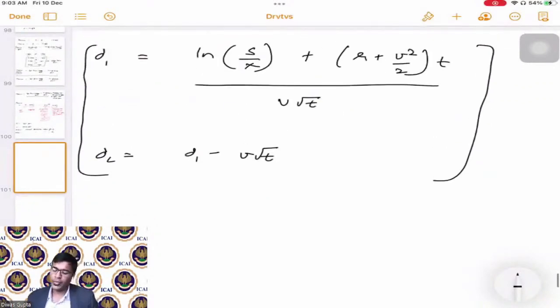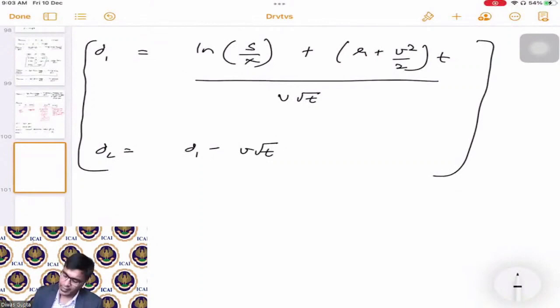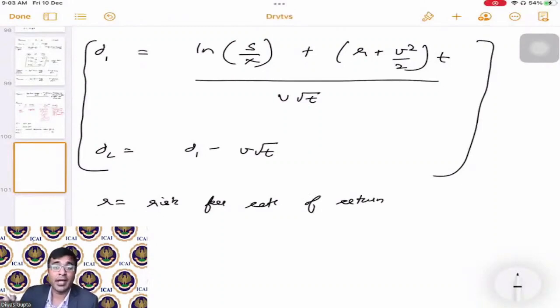What we have to do here is now we have to see what all are these things. R is equal to risk-free rate of return. I can tell you one thing. The easiest part is Black-Scholes model in the entire derivatives. Why? Because there is just a formula.